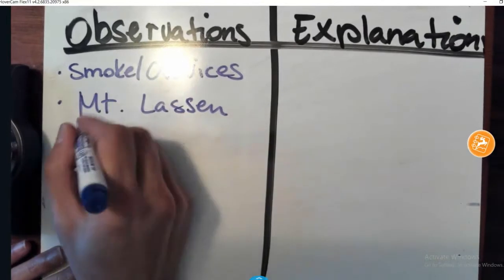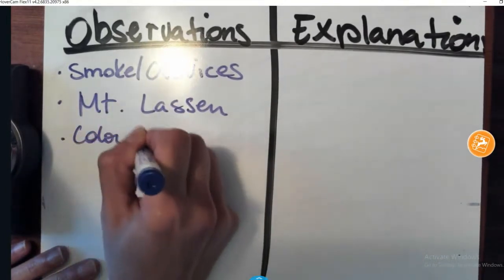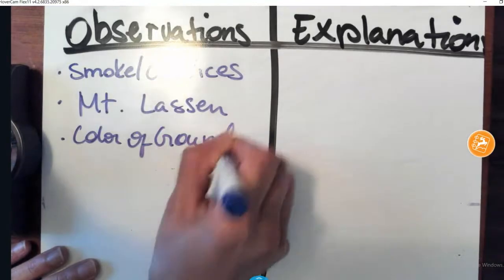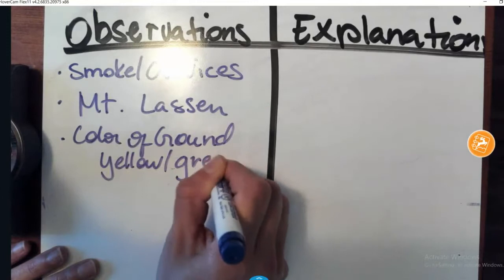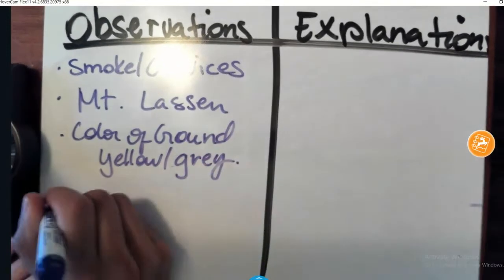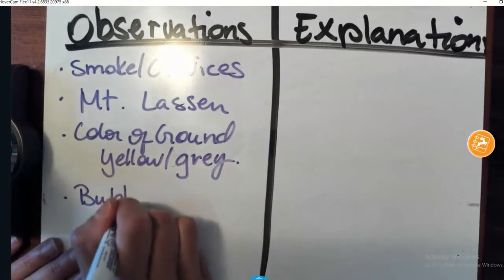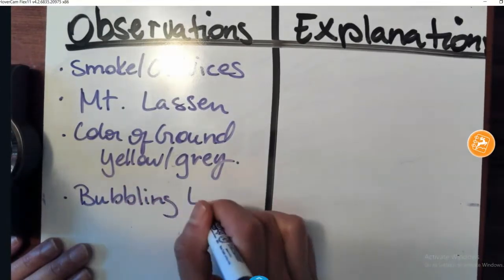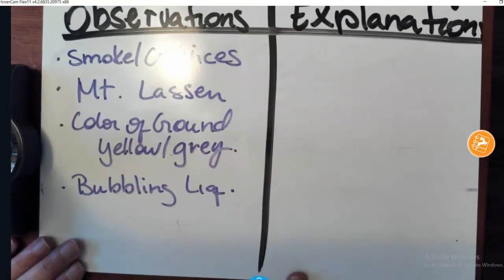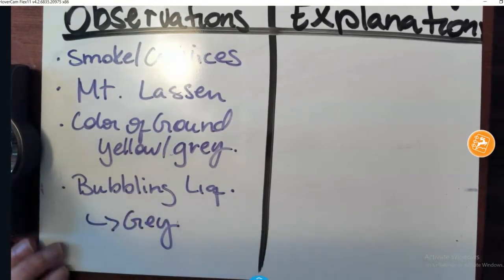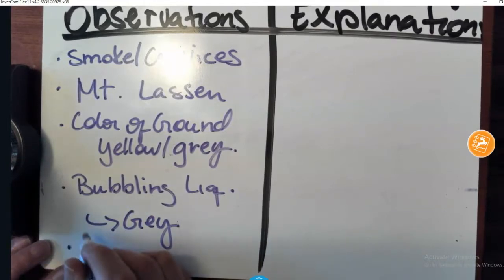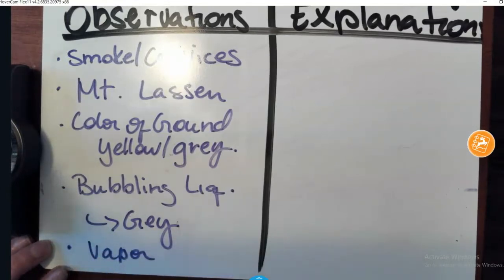The color of the ground is kind of yellow, gray. And then there's some bubbling liquid. And then the color of the liquid is also gray. And obviously there's some vapor. I also noticed some vapor coming up.